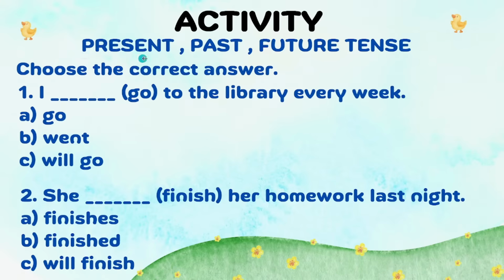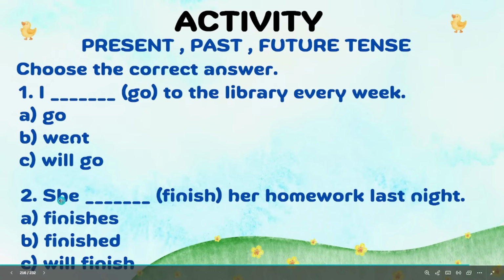Since it is present, it's going to be I go. Okay? I go to the library every week. Okay? It's present. Okay? Now, take note everyone, okay? Every week. So, it's happening presently. Happening now.